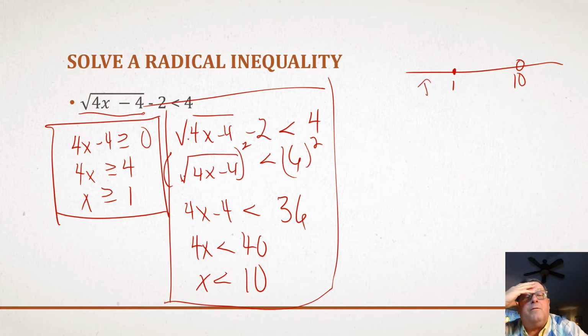Well, square root of 4 times 0, 4 times 0 is 0. Then I'd end up with the square root of negative 4. Well, none of this thing less than 1 can work, which I've already really stated when I solved what was underneath the radical. Now I've got an interval between 1 and 10.